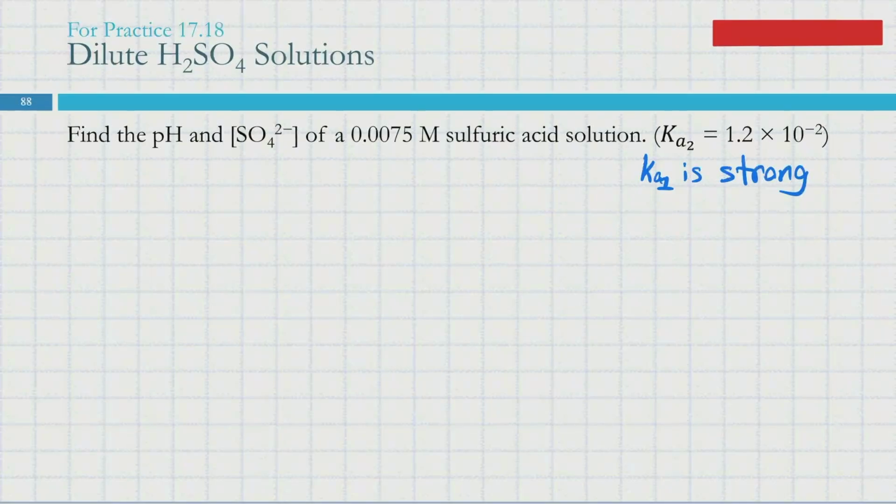So if Ka1 is strong, what information does that give us or let us access? It completely ionizes. So H2SO4 goes to, no equilibrium arrows here, single directional arrow, goes to produce H+ and HSO4-.